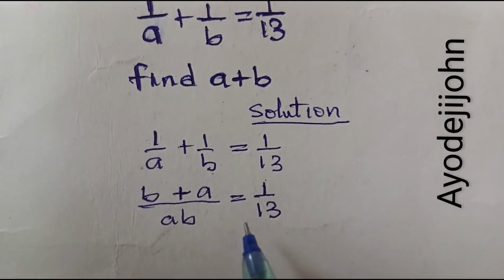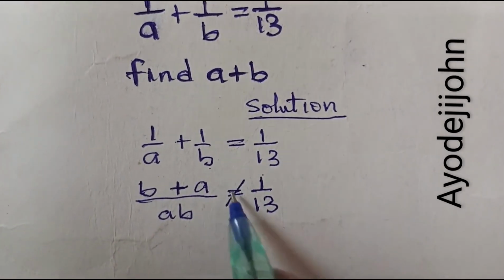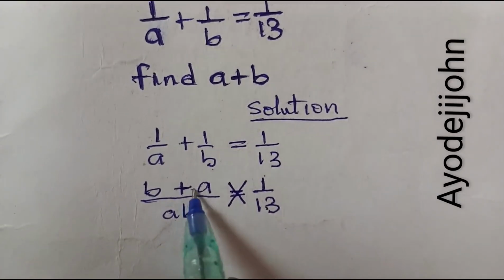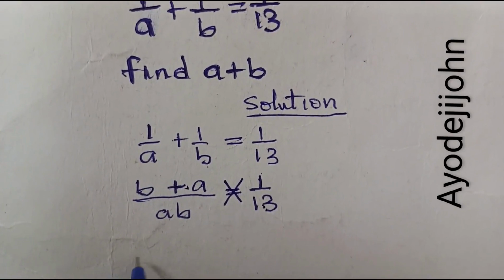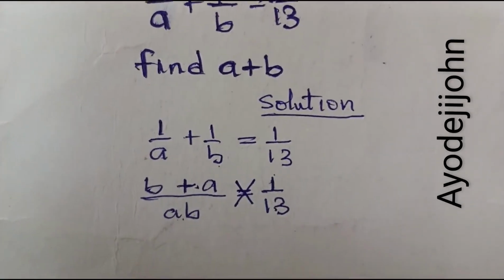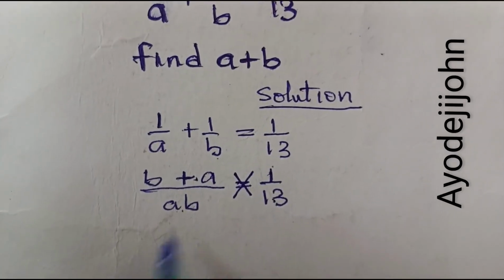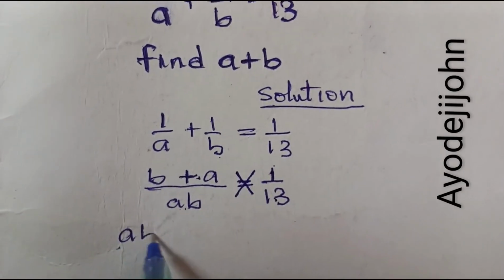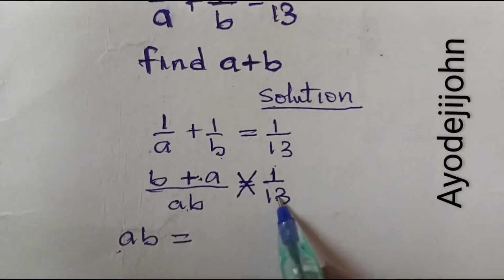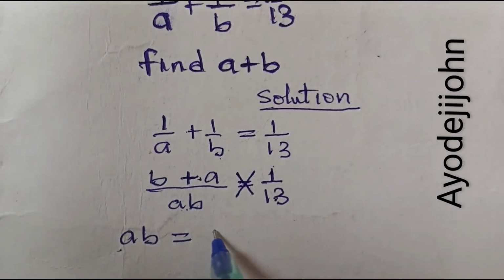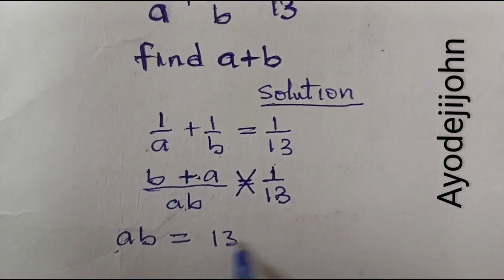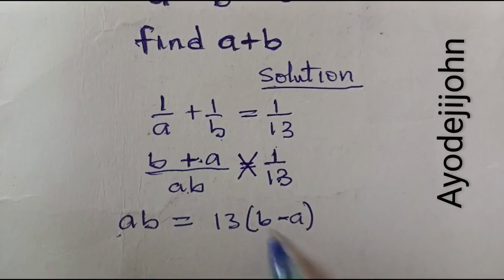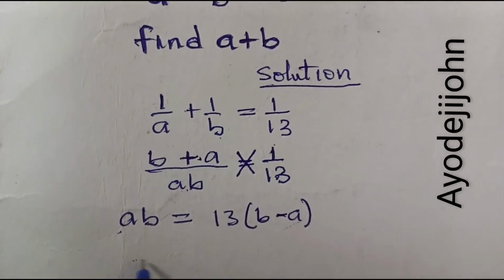The next thing we are going to do now is to cross multiply. So 13 times this, and 1 times this. It gives us 1 times AB, that's AB, equals 13 times the whole of this, that's 13 into B plus A. We can try and rearrange it, doesn't matter.